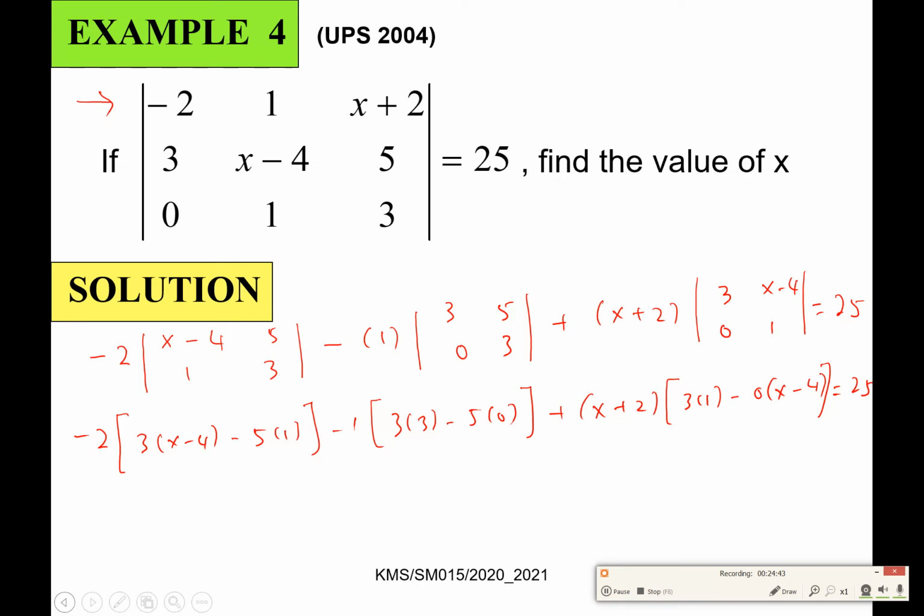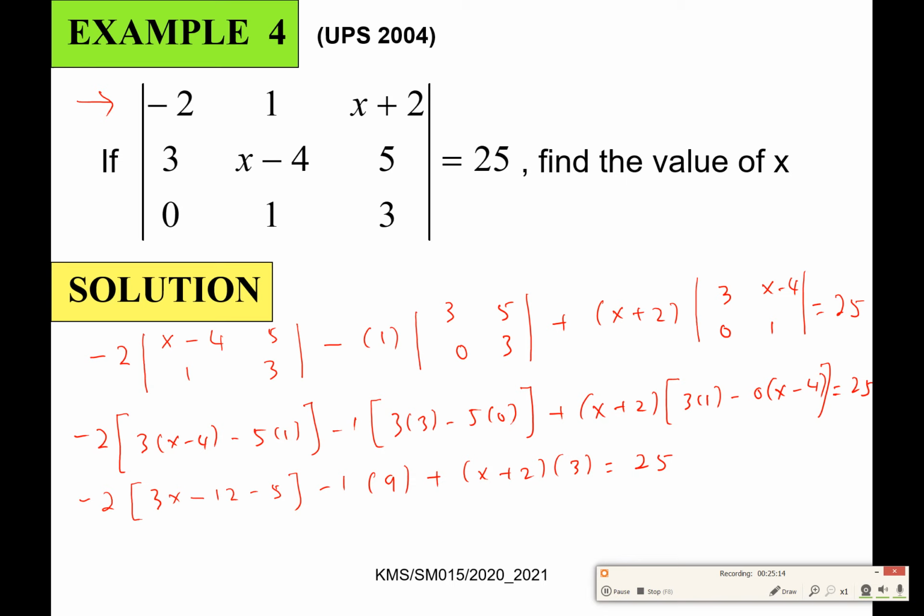From here for the algebra I make a shortcut: negative 2, so this is 3x minus 12 minus 5, this is 1 times 9, is plus, so this is x plus 2 times 3 equal to 25.